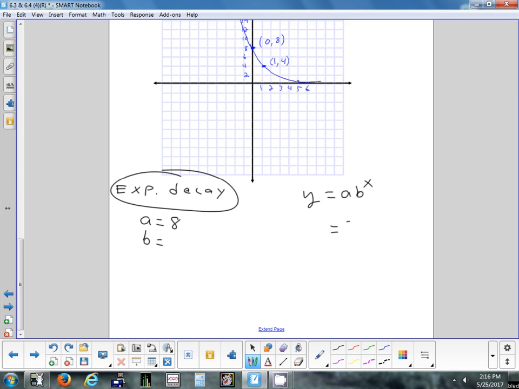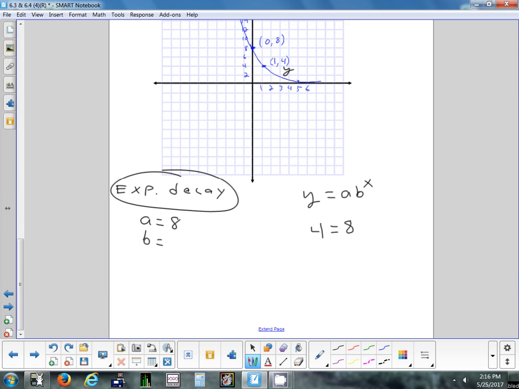We got that. What other letter do we know? Yep, we know the Y. And what's the Y? No, 0 is an X. 8, nope, we already used that. That's A. 4. 4 is the Y.